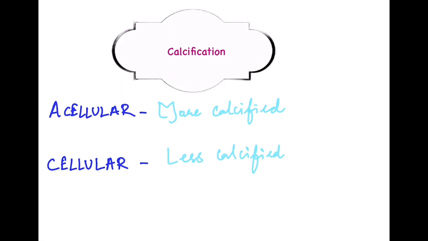In acellular cementum, the complete matrix is devoid of any cells, so the volume which would comprise the cementocytes is occupied by the base matrix, that is the cementoid. Therefore, acellular cementum is more calcified when compared to cellular cementum.